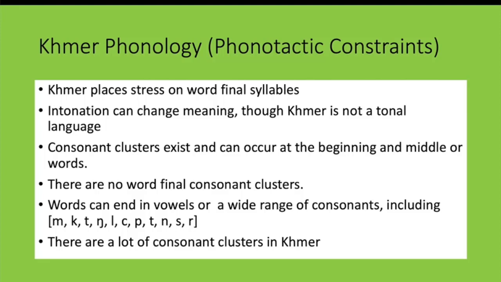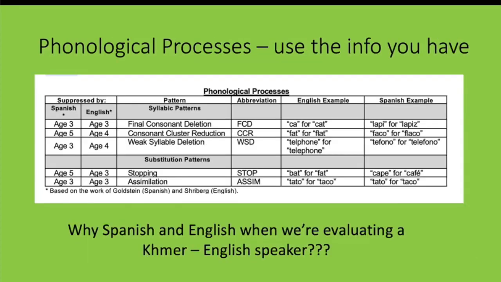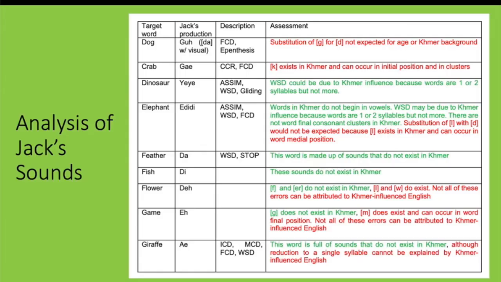We know that words can end in either a vowel or a range of consonants included here, and there are a lot of consonant clusters in Khmer. Phonological processes are something else that we want to consider. Now, I couldn't find Khmer phonological process normative data, so I'm using what I know for English and Spanish and expecting that it's going to be somewhere in the same ballpark.